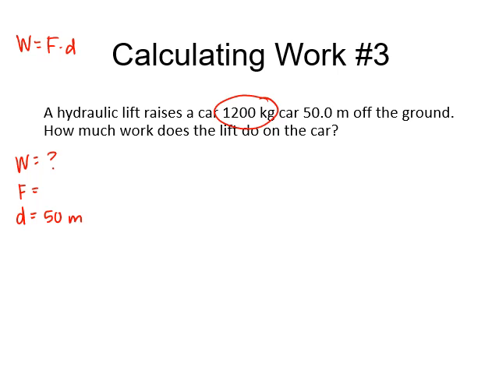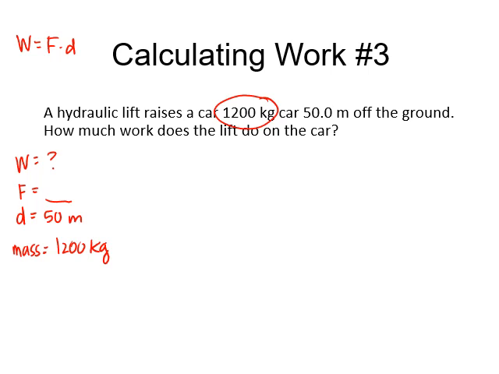It says 1,200 kilograms. Well, 1,200 kilograms is a mass. We need to know force to solve this problem, so you need to ask yourself, how do mass and force relate to each other?